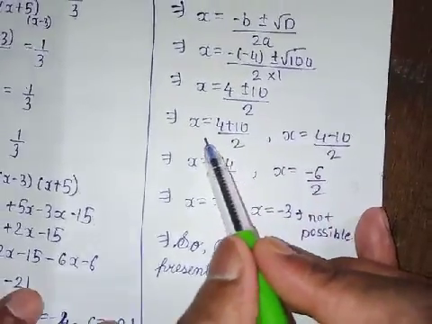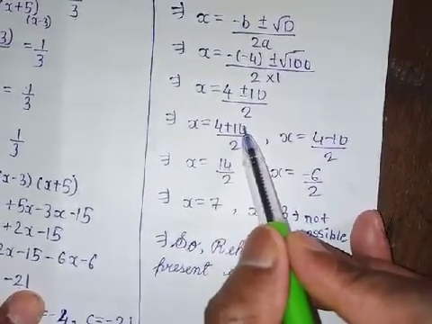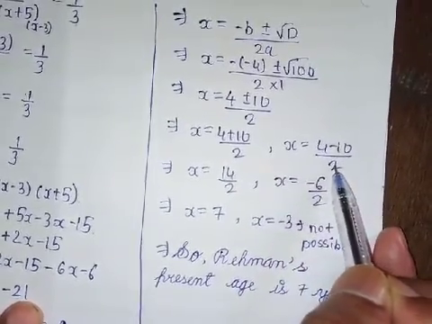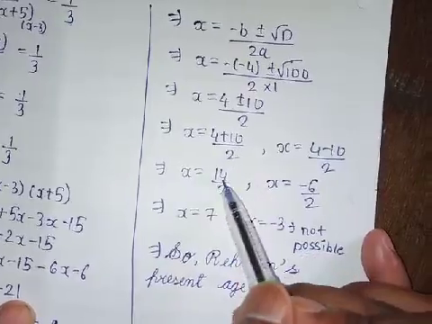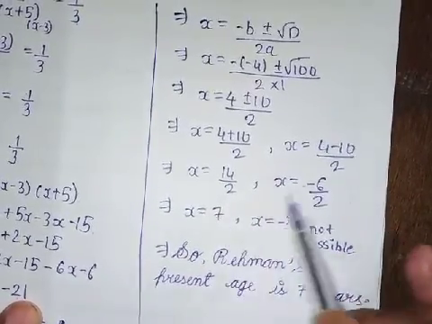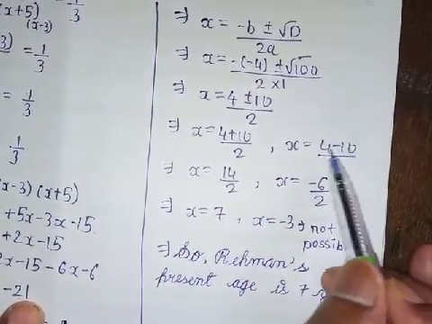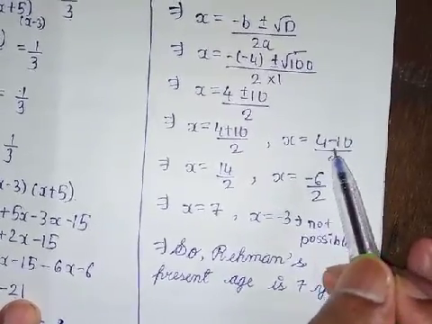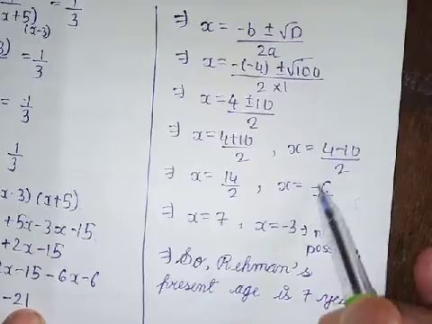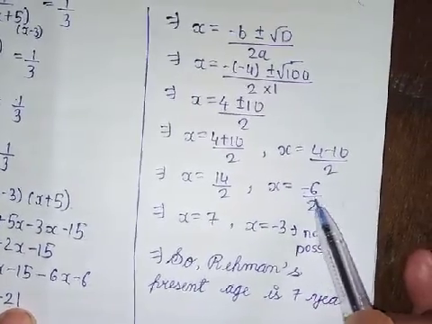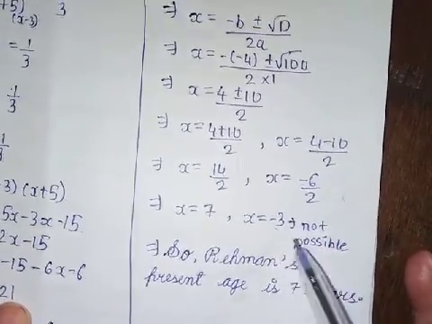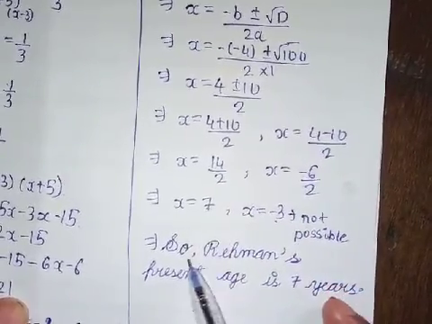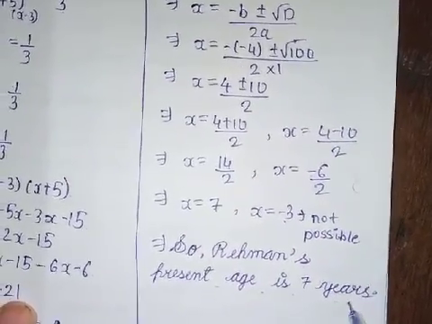So x is equal to 4 plus 10 divided by 2, or x is equal to 4 minus 10 divided by 2. 4 plus 10 is 14, 14 divided by 2 is 7. And 4 minus 10 is minus 6, so minus 6 by 2 is minus 3. Got it? Minus 3 is not possible. So x is equal to 7. So Raymond's present age is 7 years.